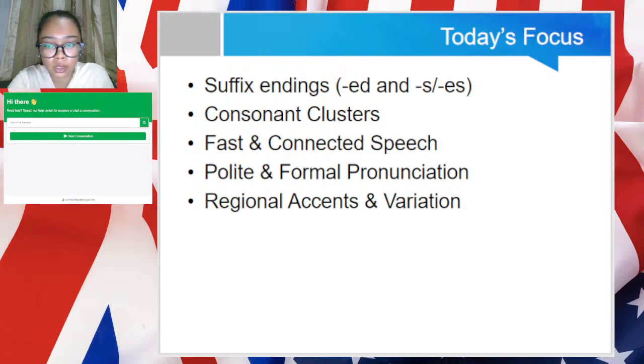So we've covered three of today's focus topics, and I really hope everything we discussed was clear. Remember, the key is consistent practice, and always keep in mind that our goal with pronunciation here is not just a perfect accent, but also being clear and sounding natural.